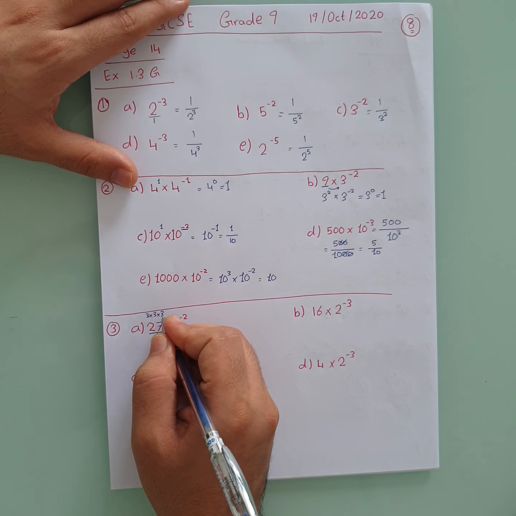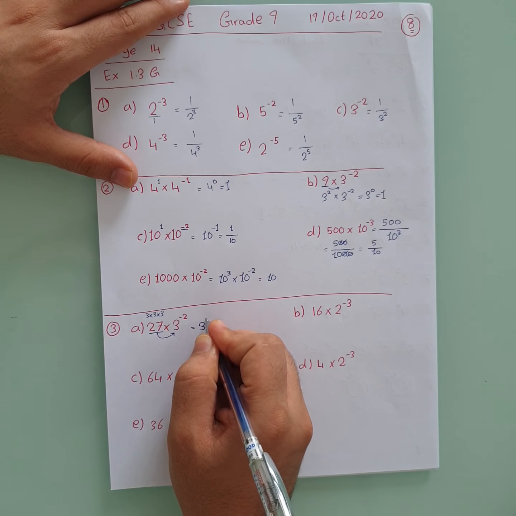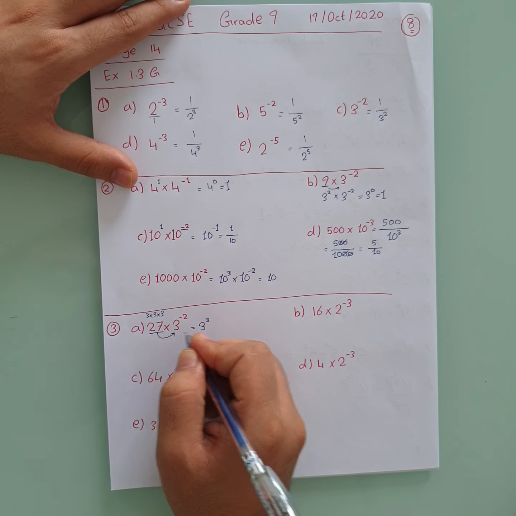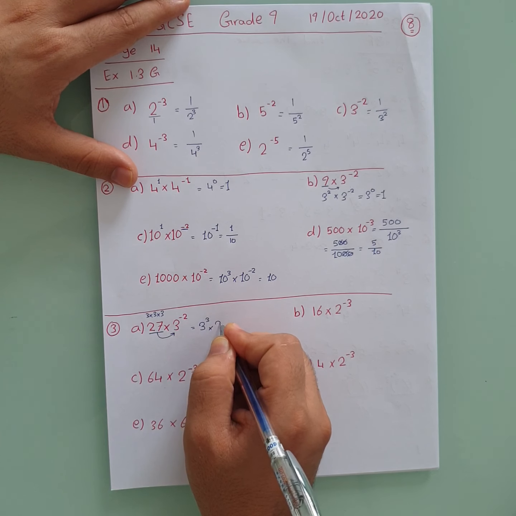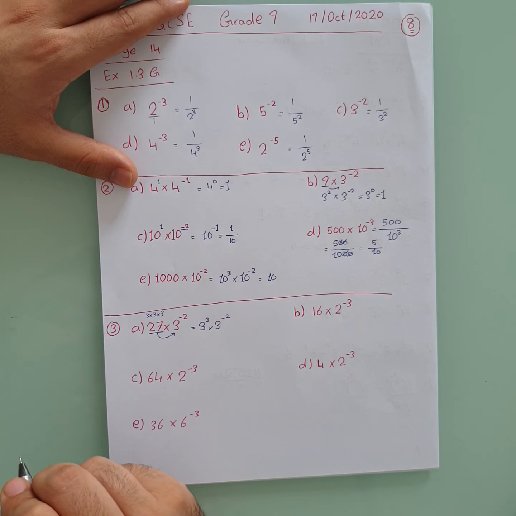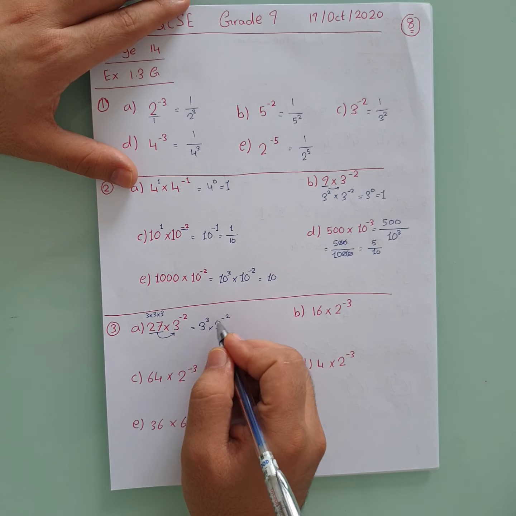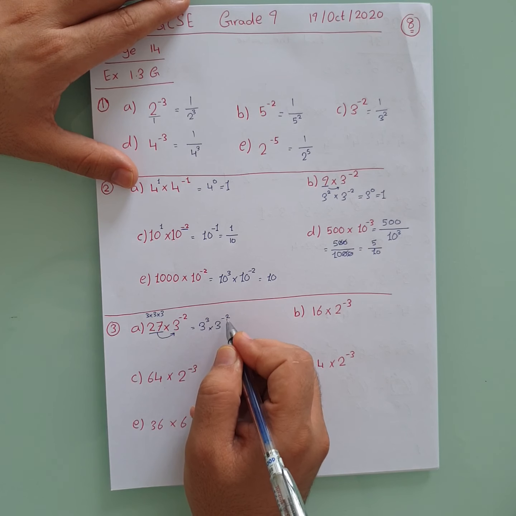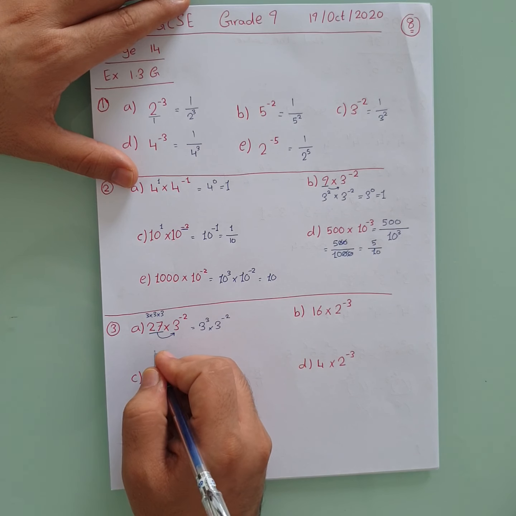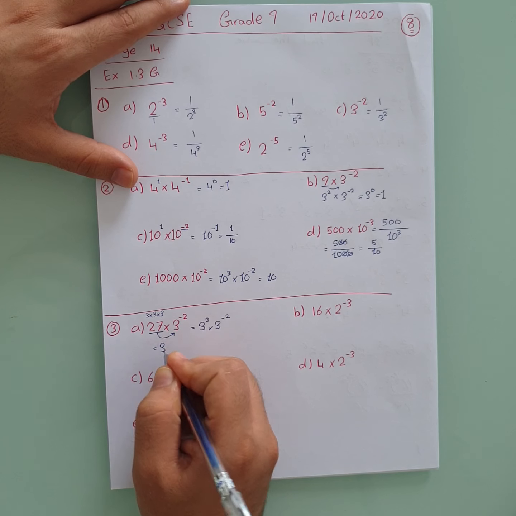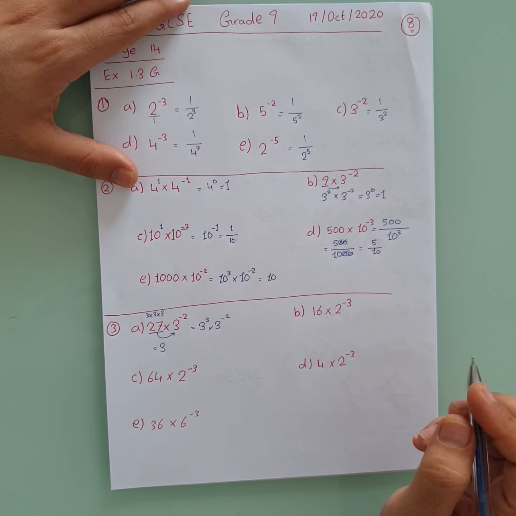So 3 times 3 times 3 is actually 3 to the power of 3. Now times 3 to the power of negative 2. Now we add the indices. Since it's two different signs, we're going to subtract. So 3 minus 2 is 1, so it's going to be 3 to the power of 1, which is 3 only.